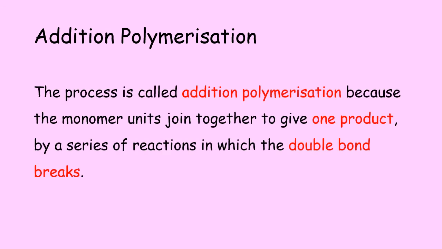So the process is called an addition polymerization because the monomer units are added together to give one product, and it's a series of reactions in which you're repeatedly breaking the double bond and forming bonds to the next monomer, to the next monomer, to the next monomer, to build and increase the length of your polymer chain.